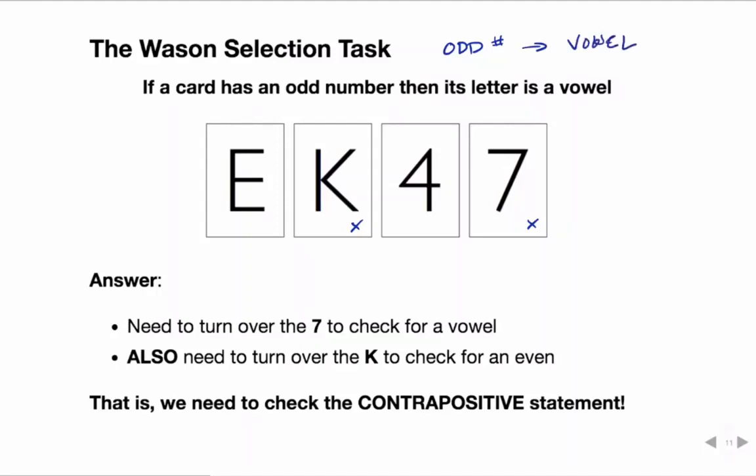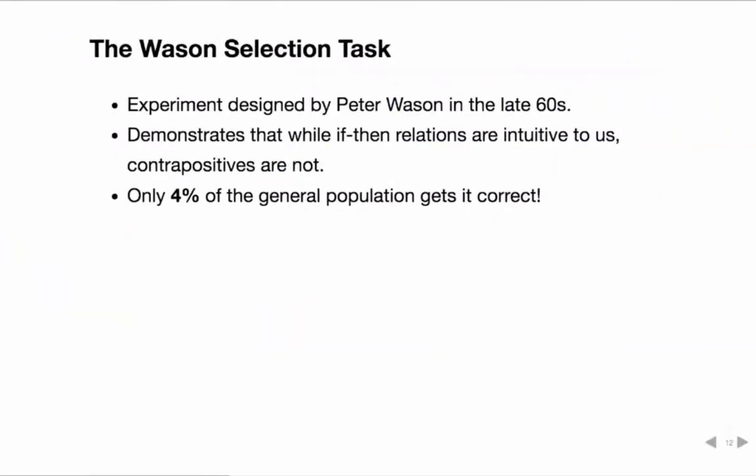Then the contrapositive of that would be: if not vowel, then not odd number, or to write it in a less clunky way, if consonant, then even number. And so that's why we need to check the K, to make sure there's an even number on the other side.